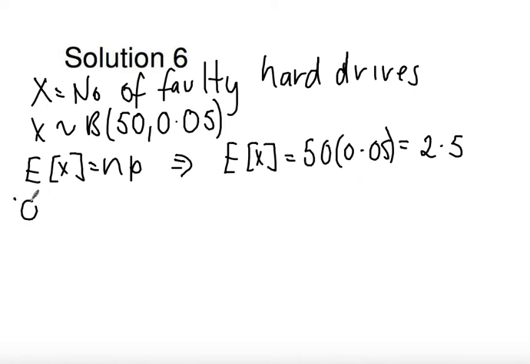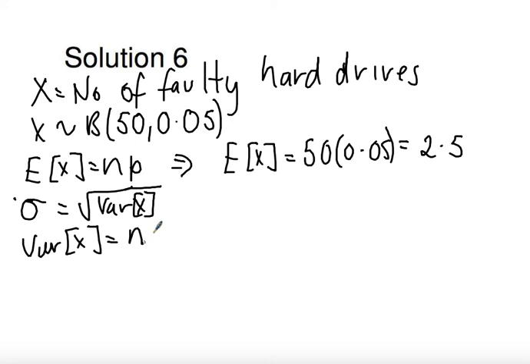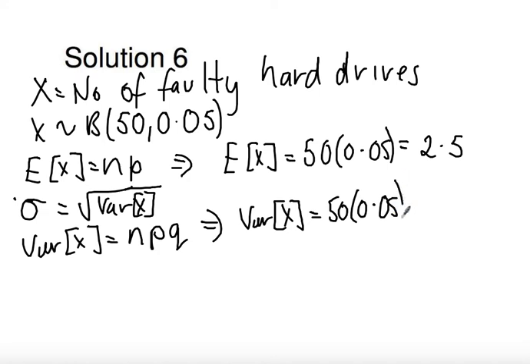Now, standard deviation is equal to the square root of the variance of x. So let's find the variance of x. Variance of x is equal to the number of trials times the probability of success times the probability of failure. So the variance of x is calculated by doing 50 times 0.05 times 0.95, which gives us an answer of 2.375.